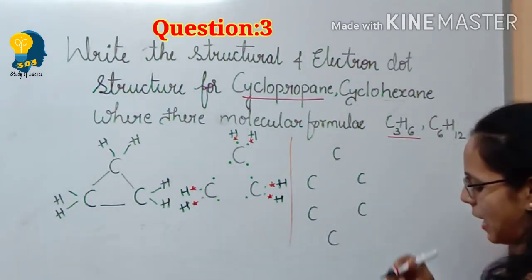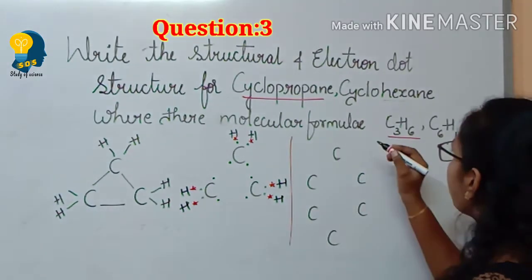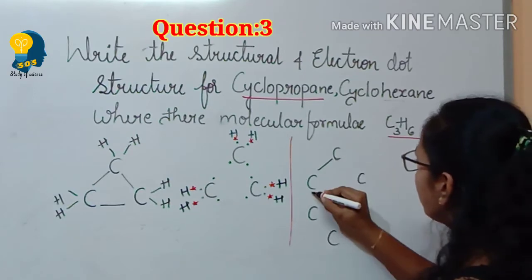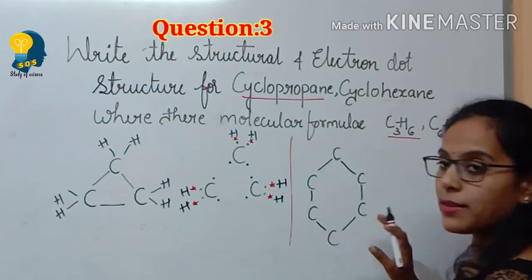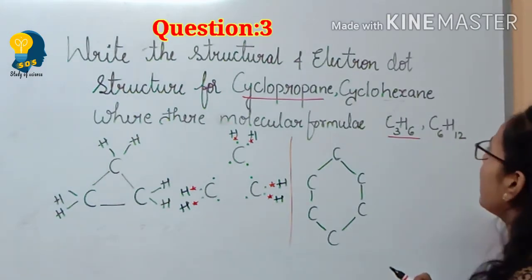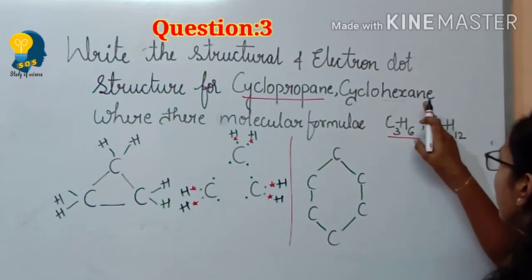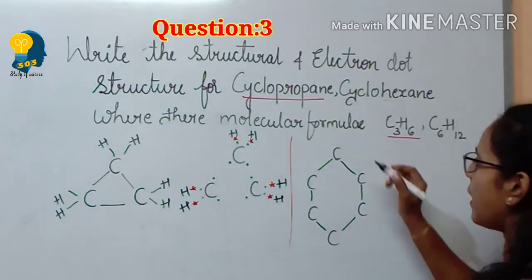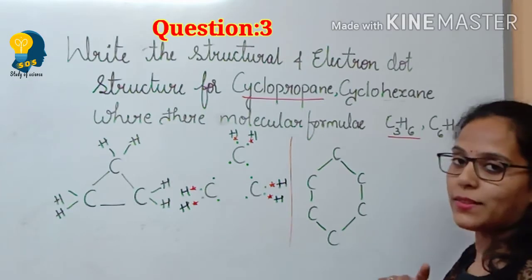So single bond between carbon and carbon atom. Let me write the single bond between the carbon and carbon atom. It is 1, 2, 3, 4, 5, 6. I have written a single bond between the carbon and carbon atom. How many hydrogens are there now? 6 carbon atoms over, right? And there are 12 hydrogen atoms. That means 2 hydrogens for each carbon atom.